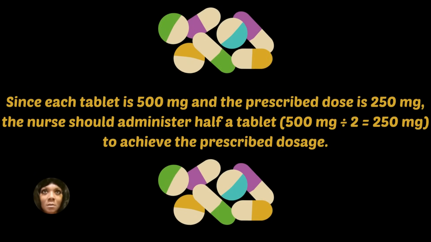Since each tablet is 500 milligrams and the prescribed dose is 250 milligrams, the nurse should administer half a tablet, because 500 milligrams divided by 2 equals 250 milligrams to achieve the prescribed dosage. Good job.